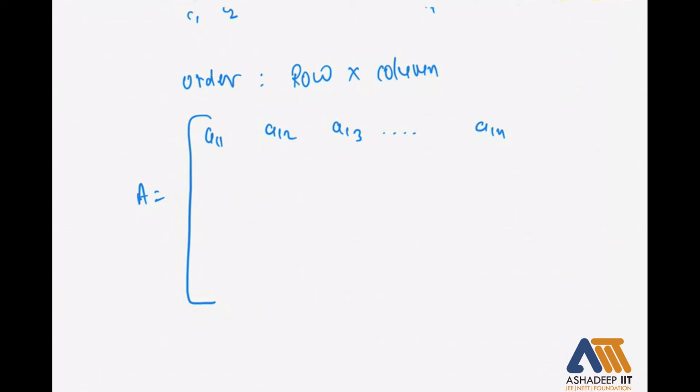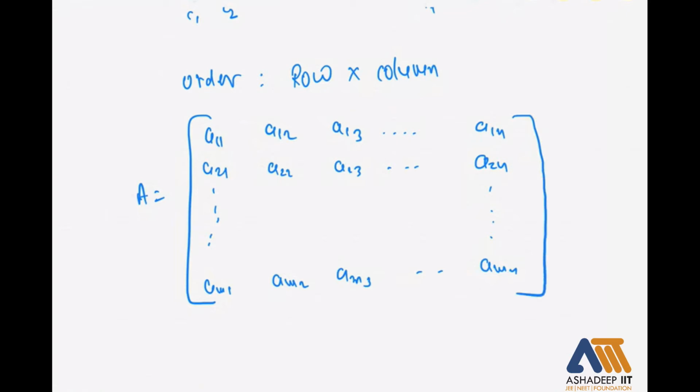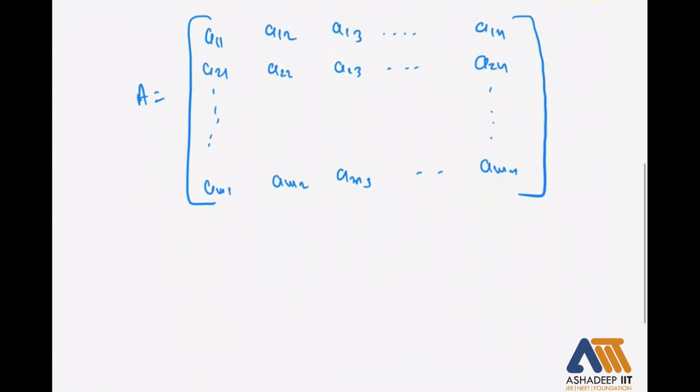It means that in this matrix there are n columns, A21, A22, A23 up to A2n. If we write the mth row, Am1, Am2, Am3, up to Amn. So order of this matrix is m cross n.